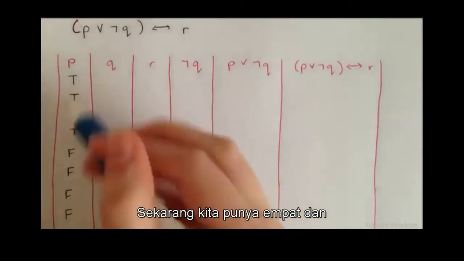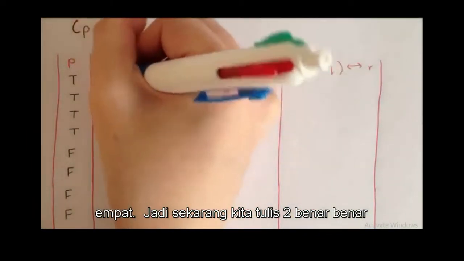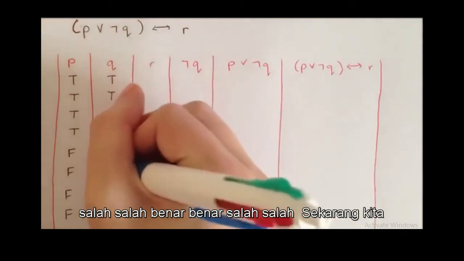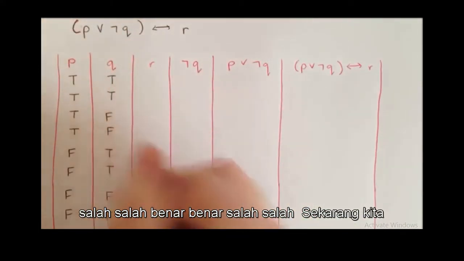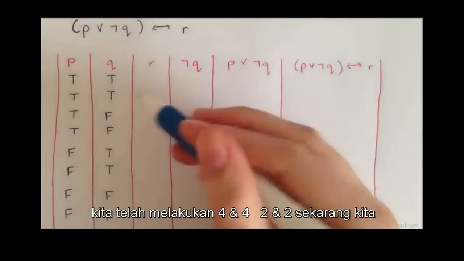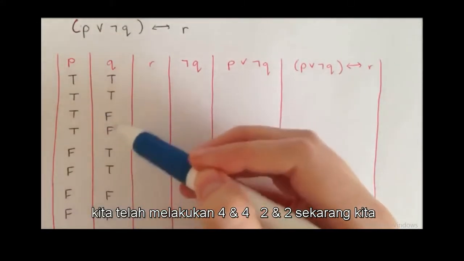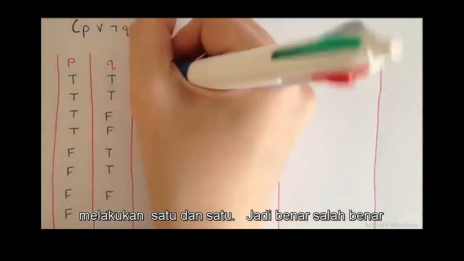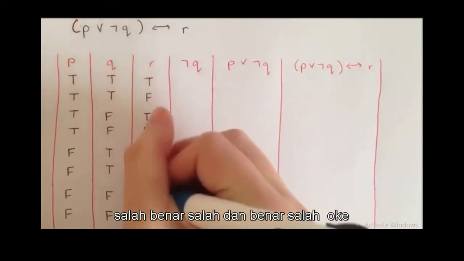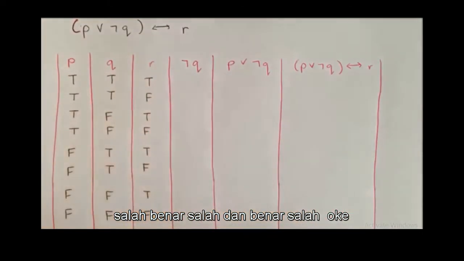And now, so we've got 4 and 4. So now we want 2 and 2. True, true, false, false, true, true, false, false. Now we head over to the R column. Now we're going to do, we did 4 and 4, 2 and 2. Now we're doing 1 and 1. So true, false, true, false, true, false, and true, false.